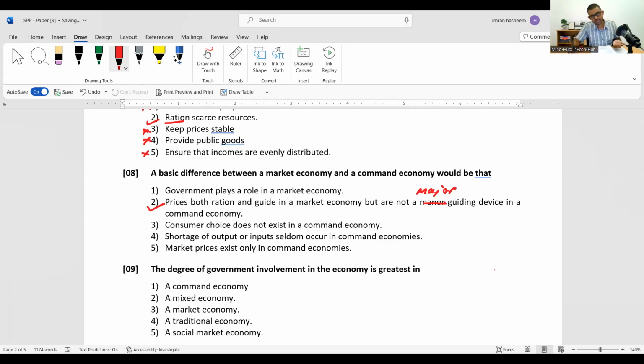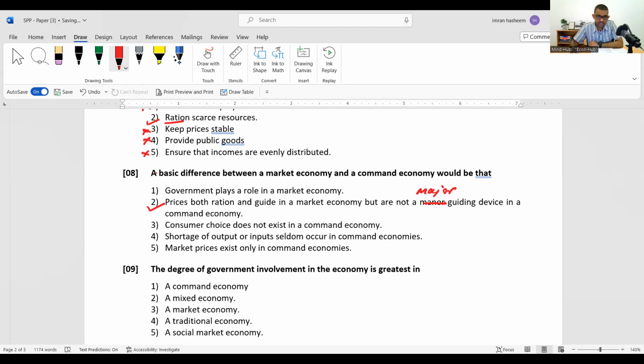There is a much wider range of choice in a market economy, but we can't say there's absolutely no choice in a command economy. Shortage of output or input seldom occurs in a command economy. Not seldom, it's very frequent. Seldom means very rarely, but very frequently it occurs. So that is not a difference.